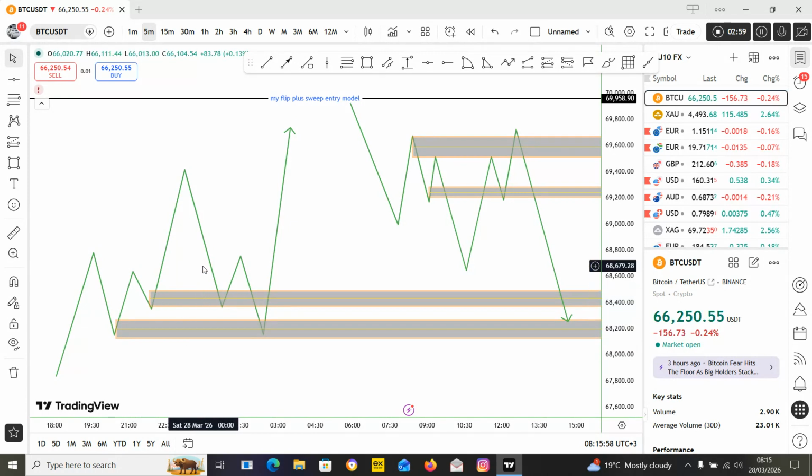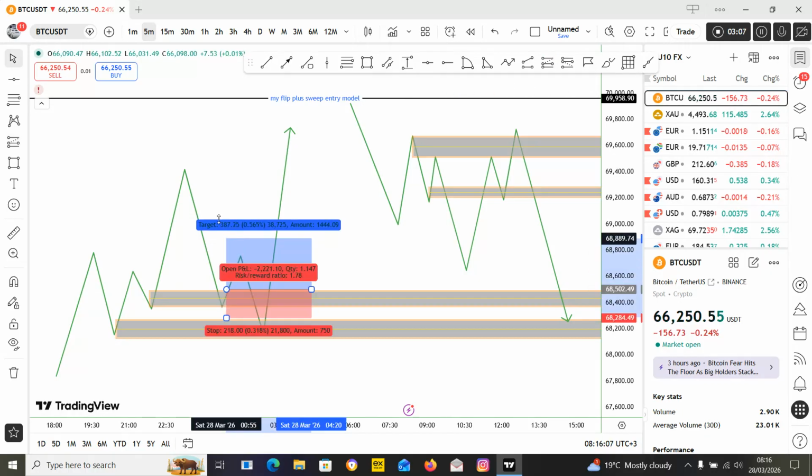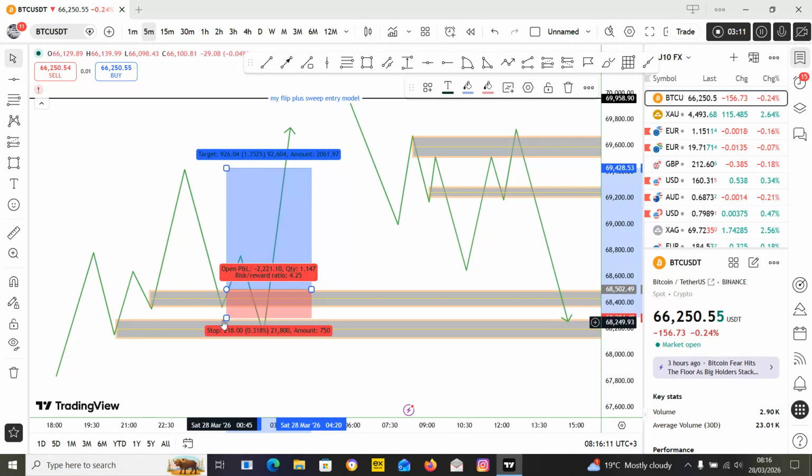So most retail traders are gonna be entering here, targeting the previous swing high, putting their stop losses below these swing lows.